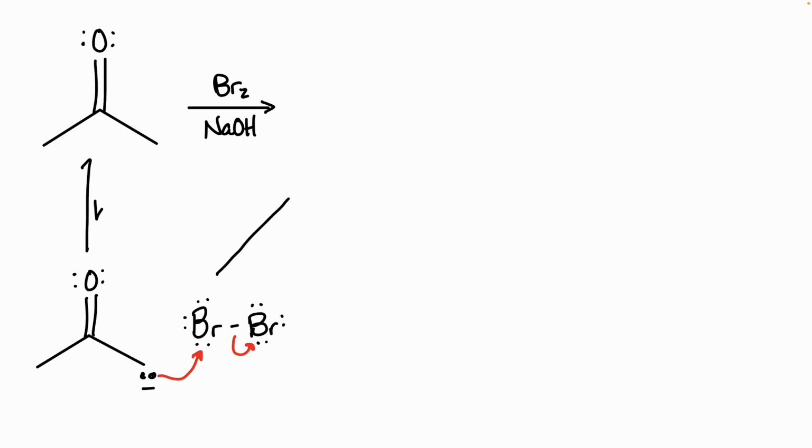We don't have quite as many steps in our mechanism here. We don't really have to worry about that same sort of charge management problem, just after that one step, well, after we form our enolate ion, of course. Boom.